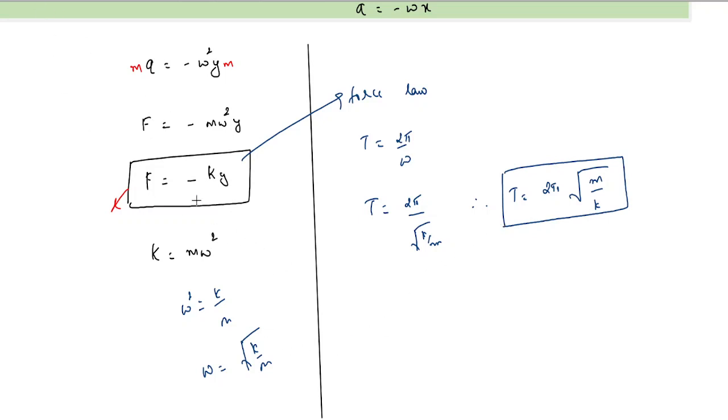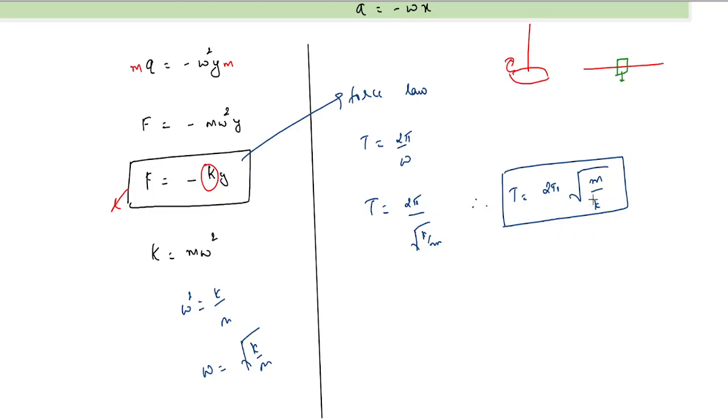Now based on the conditions, k could vary. In this case, k is one form. If it's a torsional pendulum, something of this kind, there k takes some other form, as there will be rotational motion. Think for example, we take water and a wooden cube, press it and leave it, it may oscillate by simple harmonic motion.